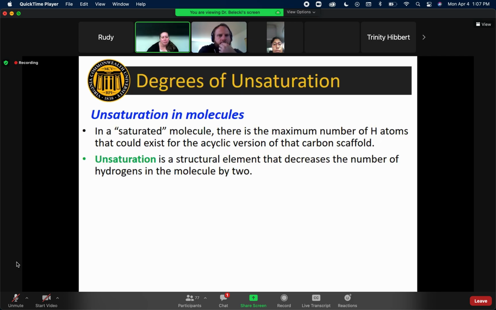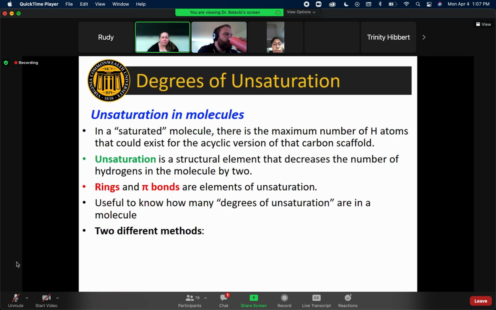You have to remove a hydrogen atom from each carbon. So it turns out that anytime you have a ring in a molecule, that is an element of unsaturation. Also, anytime you have a pi bond, that's another kind of element of unsaturation.